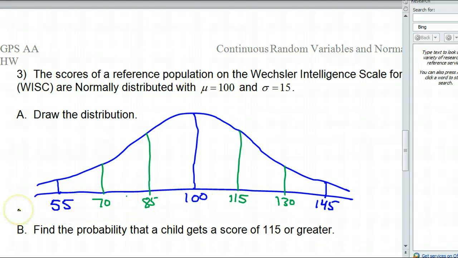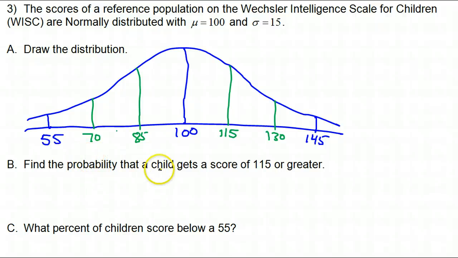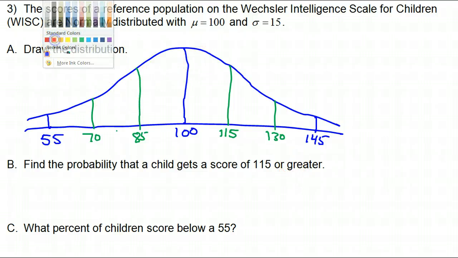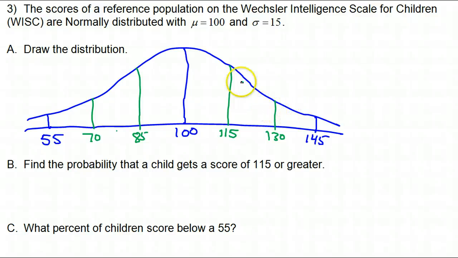All right, now find the probability that a child gets a score of 115 or greater. Again, memorize these numbers. So watch how I do this from memory. You should be able to do the same thing. I know that this is 34% and I know that this is 13.5%.